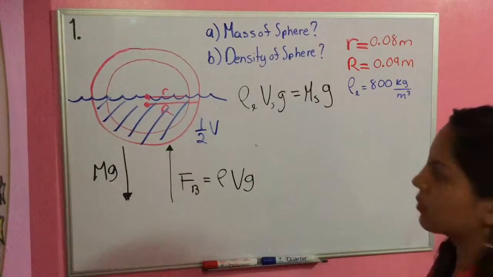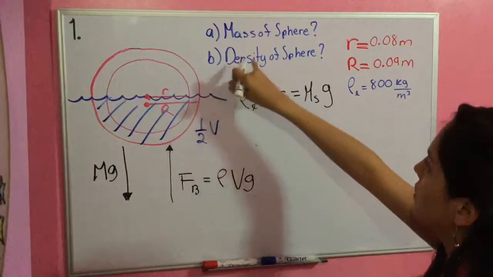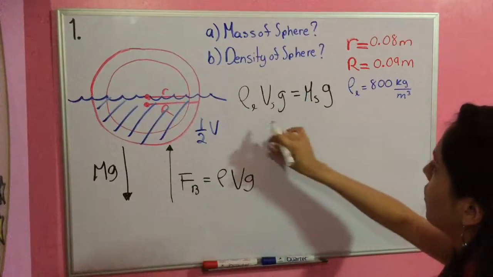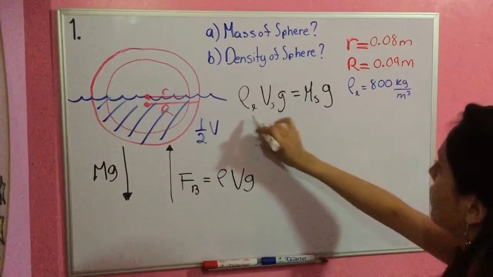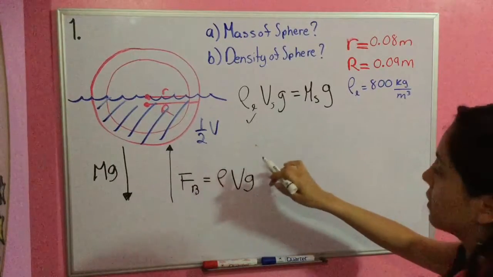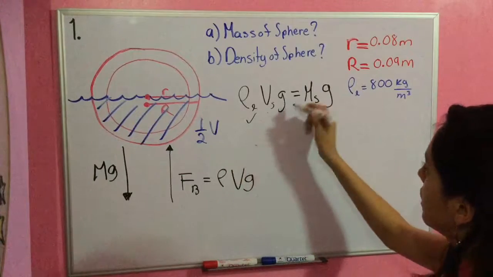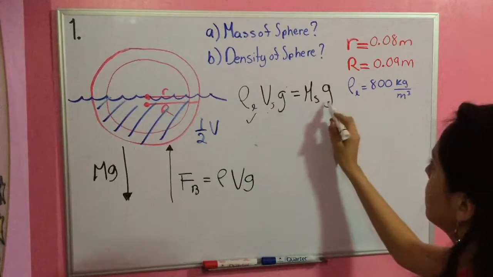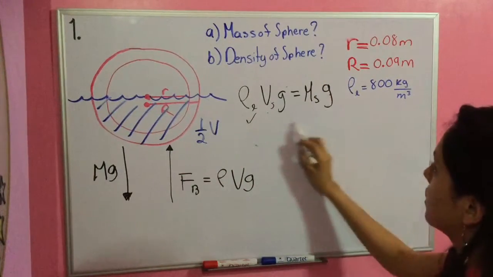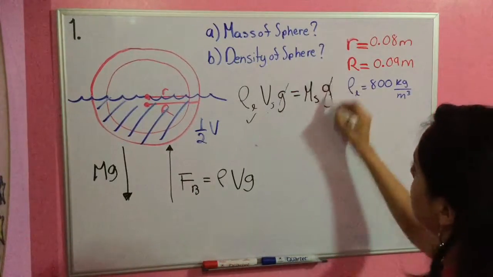And now that we have this equation, we can get the mass from here. We already know the density, it is given, and the volume we can calculate, and these g's are the same, so they cancel.